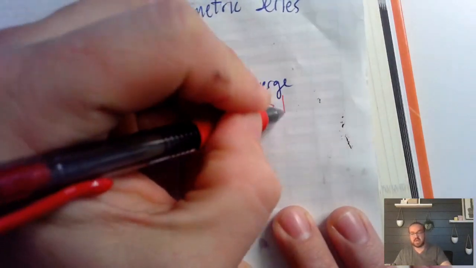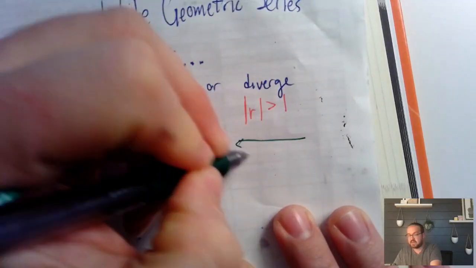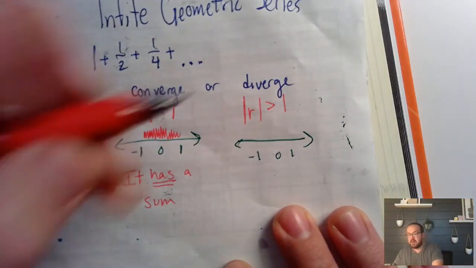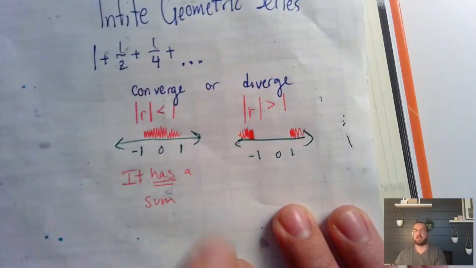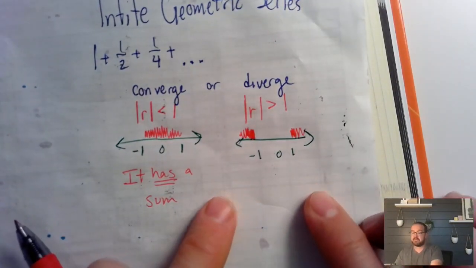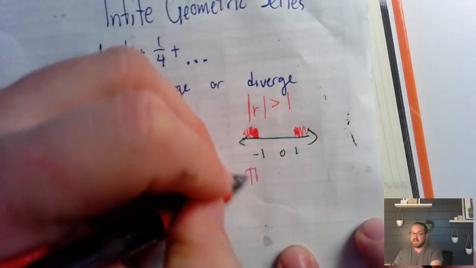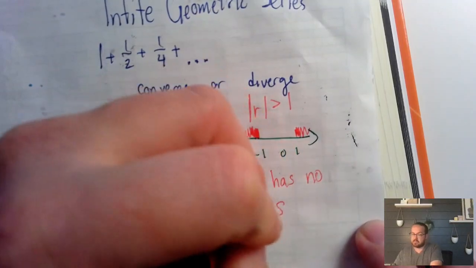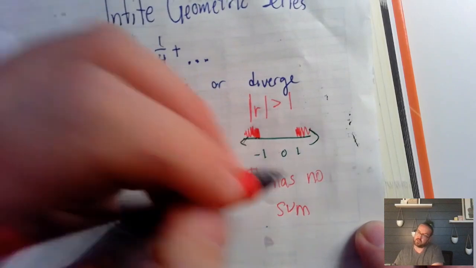So again, what that means is on the number line, that my common ratio would either be less than -1 or greater than 1. If it is that, then the series has no sum.